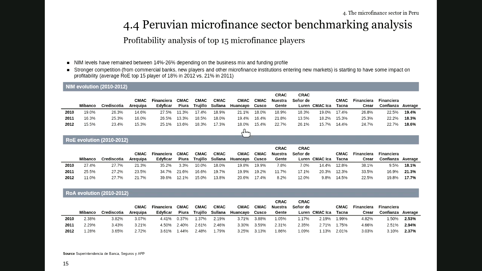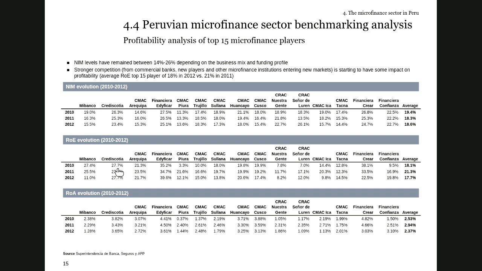Okay, so let's, for example, look at ROE, the one in the middle. So we could see, for example, that Mi Banco had return on equity of 27%, then 26%, and in 2012 it had dropped to 11%. So something was going on with Mi Banco, okay? Credit Scotia, however, was 28, 27, 28, so pretty stable and very high.